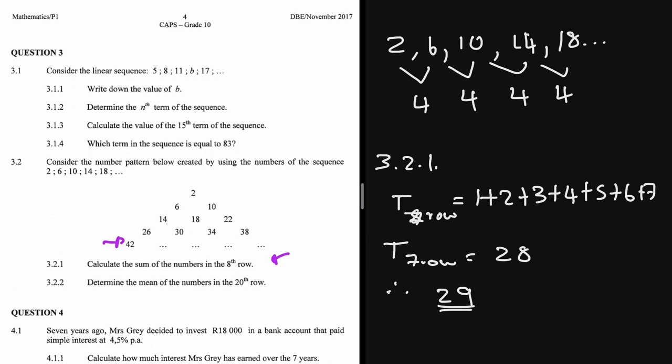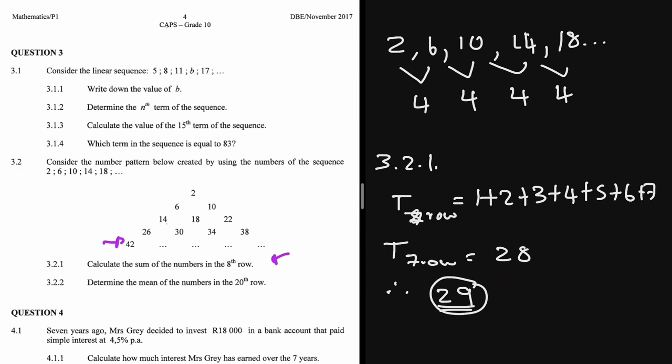So now that we know that the first term of the 8th row is term number 29, we can determine the value of term number 29. Remember, we know this pattern is an arithmetic pattern. We can determine the general solution, and then we can also determine the value of term number 29.